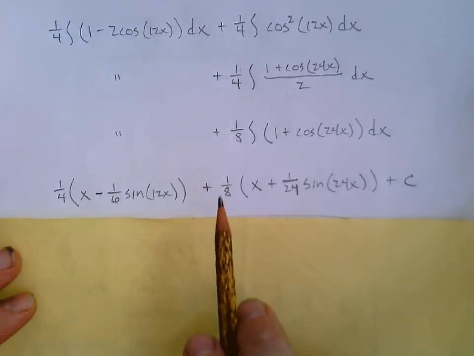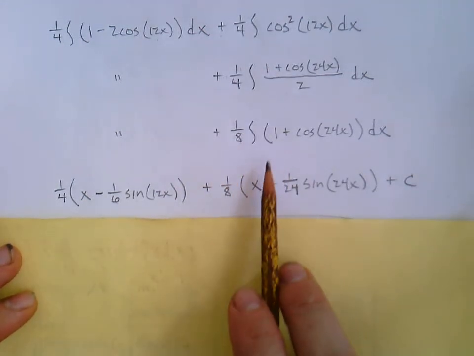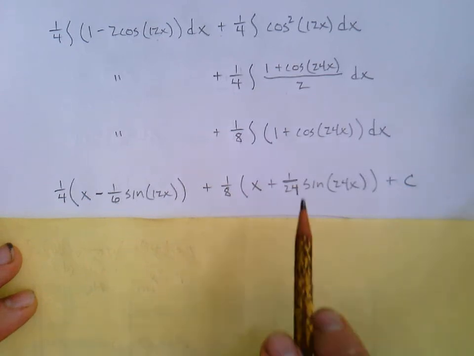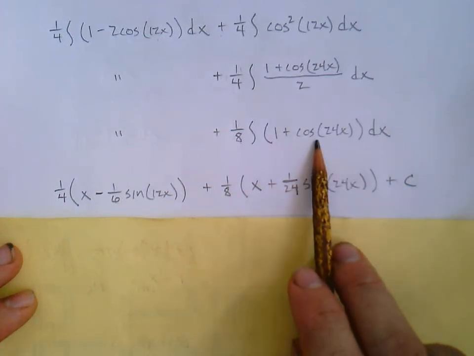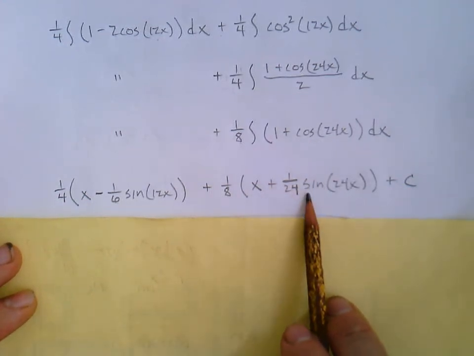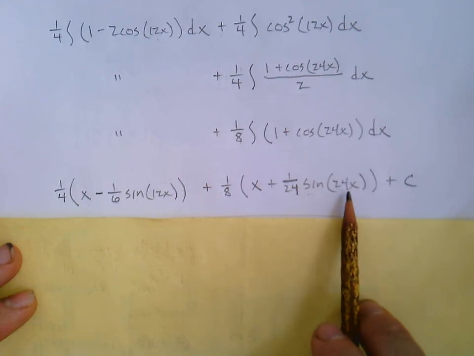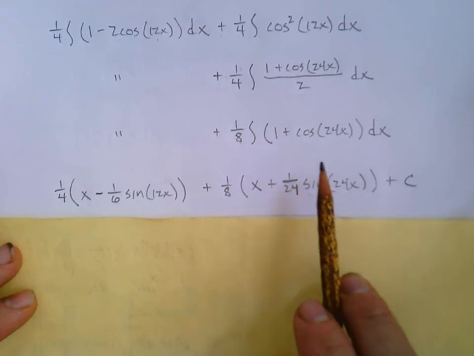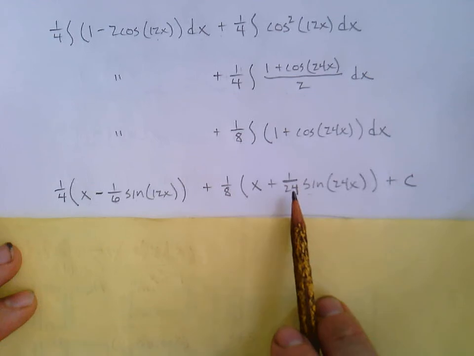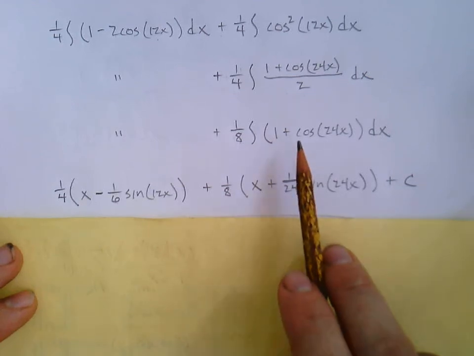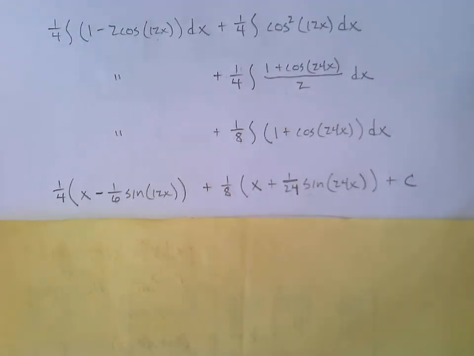All right, and then over here we've got the 1/8. Hey, I've got a 1 again, so x. And the antiderivative there, well, that would have come from sine as well, sine 24x. But I would then need to multiply by a 24 when taking a derivative. So I need the 1 over 24 there so that it cancels. And this is it, just a matter of cleaning up the answer a little bit.